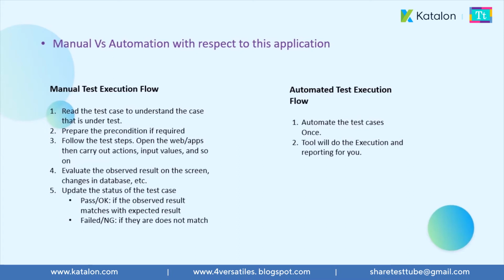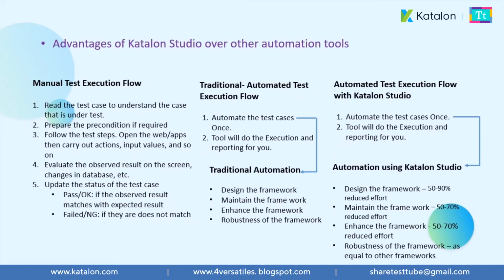All right, now let us discuss why Katalon is a better tool when it comes to automation over the other tools. So, why is Katalon Studio a better tool than other automation tools? In order to understand this topic, let me add one more comparison to the previous comparison we discussed, manual versus automation.